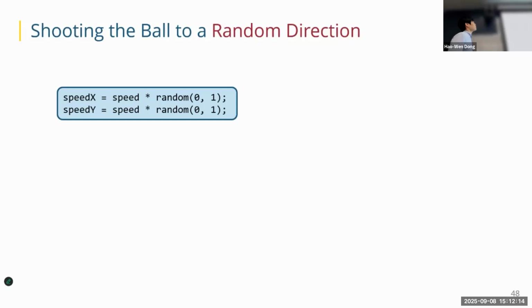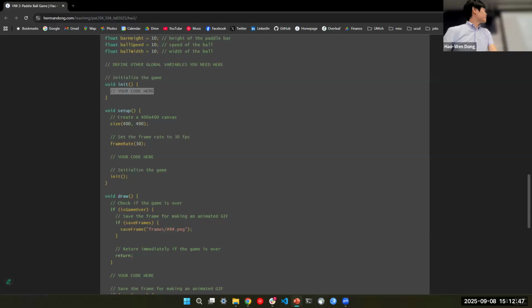So how do you shoot the ball in a random direction? There are so many different ways. The first option is that we just do speed X, speed Y, and randomly shoot it. I get a random speed X and a random speed Y, and together they give me a random direction. But random 0 to 1 will just point this way.